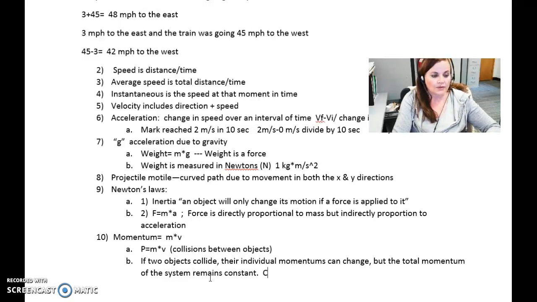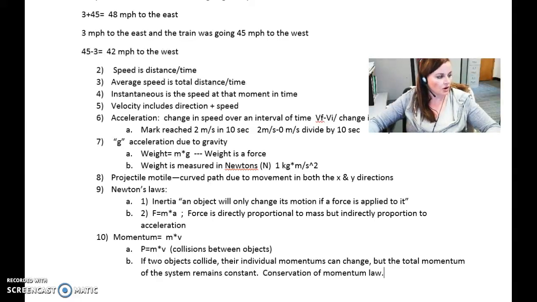Okay, this is called the conservation of momentum law, and it kind of goes along with conservation of mass, conservation of energy. They're all conserved, right?